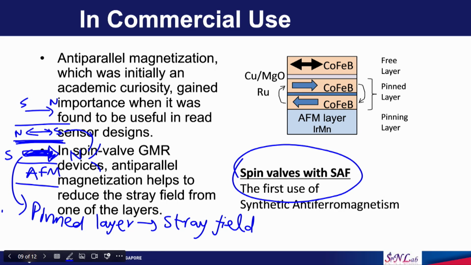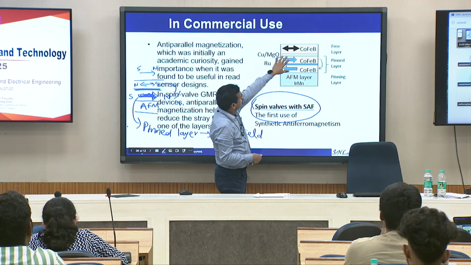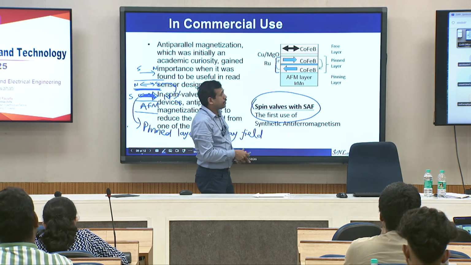People try to overcome this problem by splitting this one layer into a synthetic antiferromagnetic layer like this. So, instead of one ferromagnetic layer like what we studied before, now we have two ferromagnetic layers separated by ruthenium.